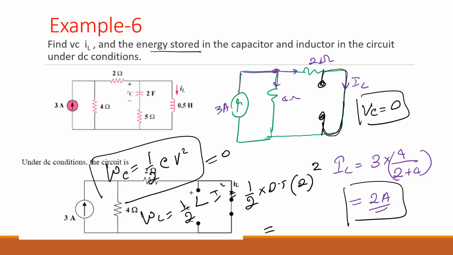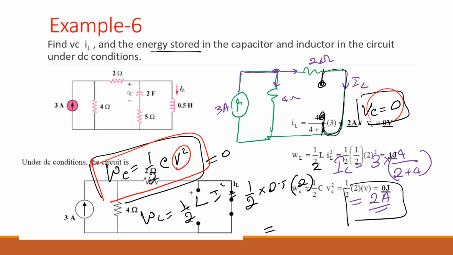What do you get? 0? This one is 0. Why? Voltage is 0, yes, because we found the voltage is 0. And across any short-circuited path, the voltage is 0 because the resistance is 0. Oh, yes, you have 5, but is there any current going across the 5? No current.